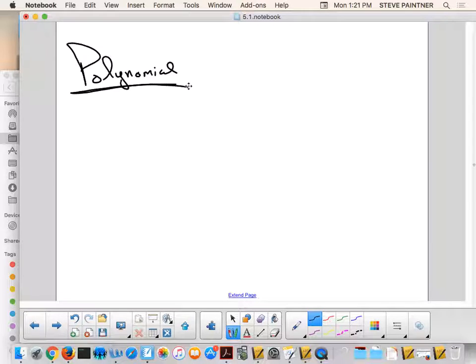One term or more. Now, a term looks like this. X to some power. I'm going to call it n. Then there's always a coefficient in front. I'm going to call it a. So like 2x to the third, like that. Then followed by the next term. There's a coefficient, x to the n minus 1, which just means this exponent, if it's 5, this one's what? 4.